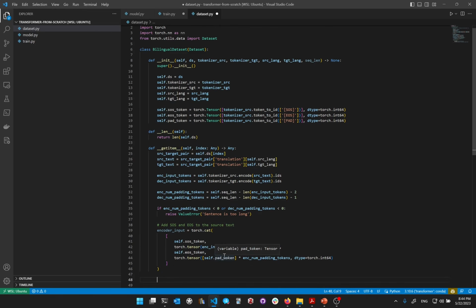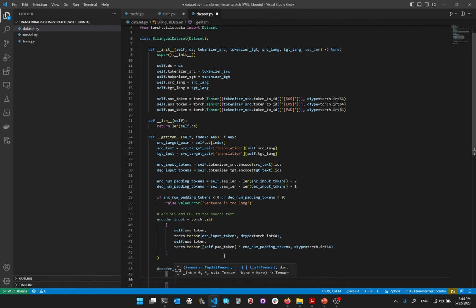Then we build the decoder input, which is also a concatenation of tokens. In this case, we don't have the end of sentence, we just have the start of sentence.